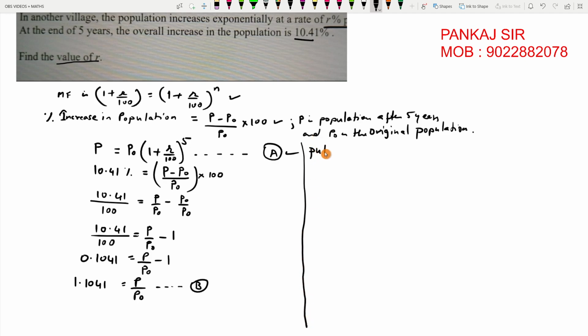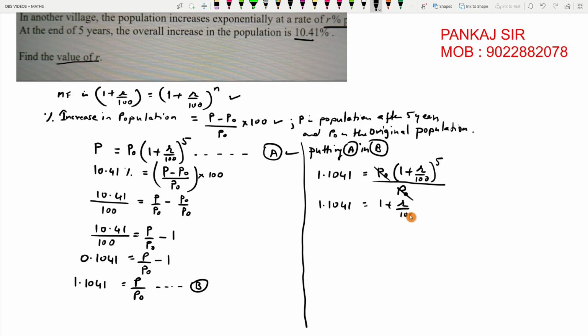Now putting A in B, what I get, let us see. So 1.1041 equal to, now according to this A equation, P is equal to this much. So I'll put P naught into 1 plus R upon 100 whole raised to 5 upon P naught. Right? This will cut away and I'll get 1.1041 equals 1 plus R over 100 whole raised to 5.